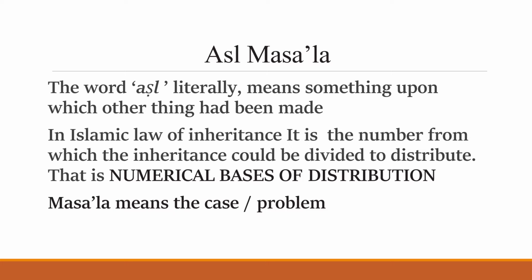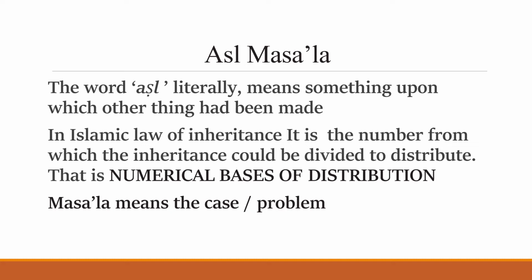Usually we learn the definition of Asl in Usul al-Fiqh, while we were defining the term Usul al-Fiqh. So Asl means the base, the foundation. Every building definitely will have a foundation, that is in Arabic Asl. So when we define, we will say something upon which other things are made, that is Asl.